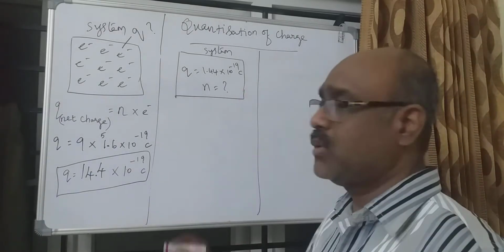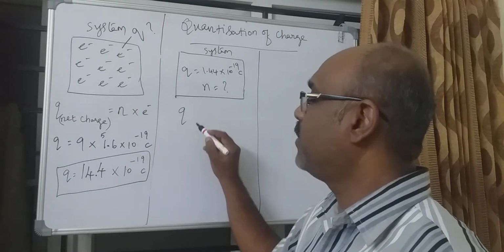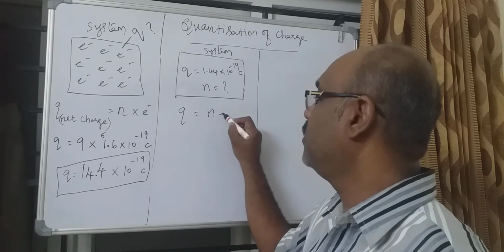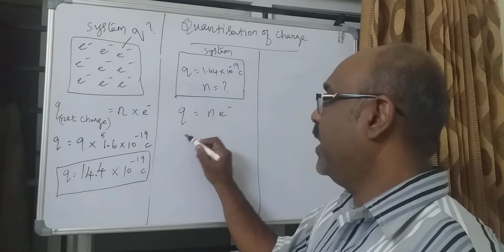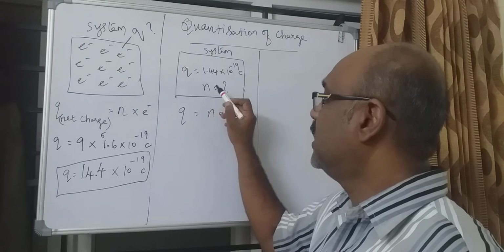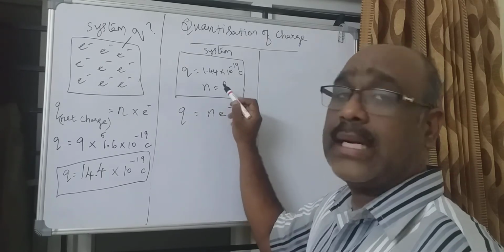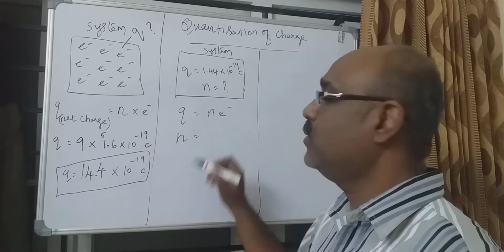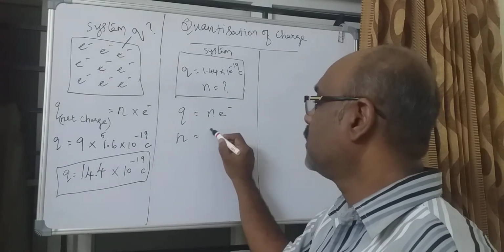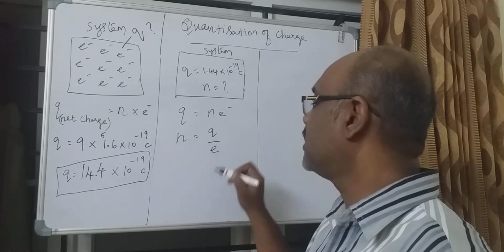To find this also, we have to go with the same formula, Q is equal to N into E, where we want to find the number of electrons. So n is equal to q divided by the charge of the electron.